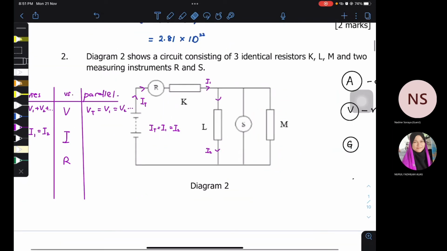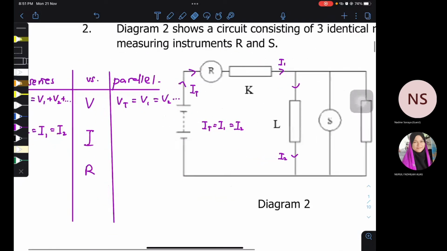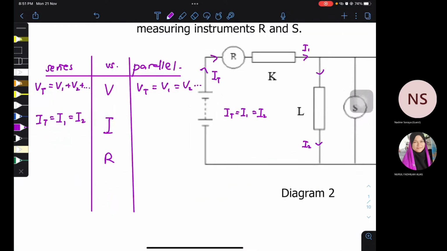So goes back to this question. Ni you kena tahu konsep ni. So I just write here so that we can record: I total equals to I1 plus I2 plus apalah kalau dia ada 5 tambah. What about resistance? Kalau resistance in series, R total sama dengan R1 plus R2 plus kalau ada lagi.